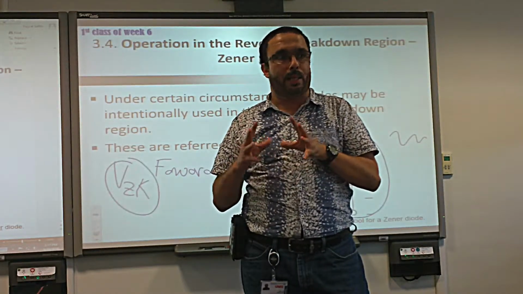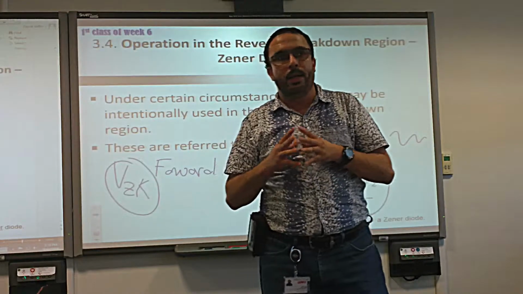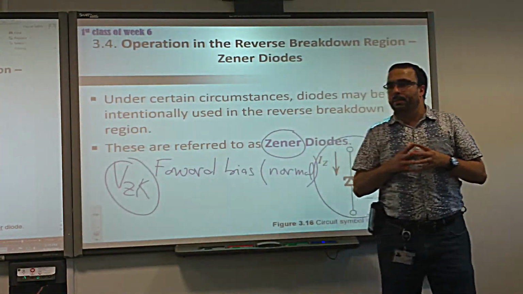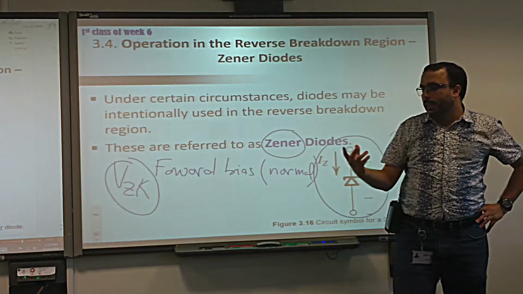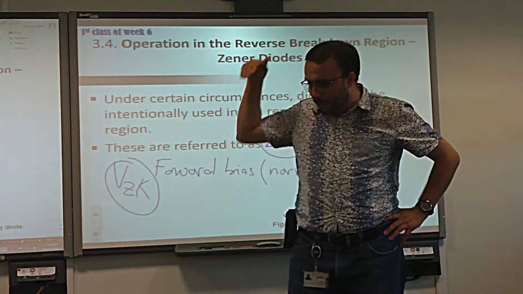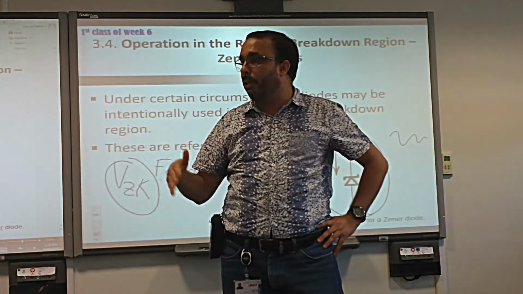Now, what does the breakdown really break? It breaks the fact that the diode is an open circuit. Now it's conducting, and it will conduct lots of current.